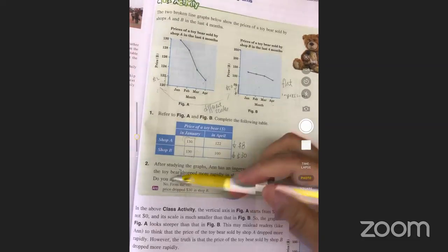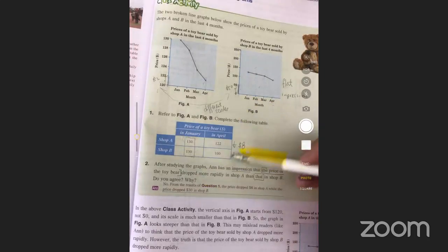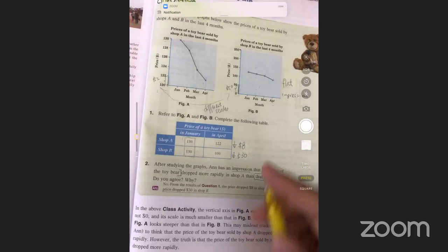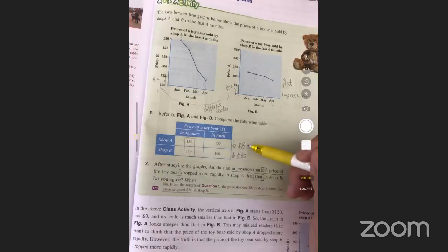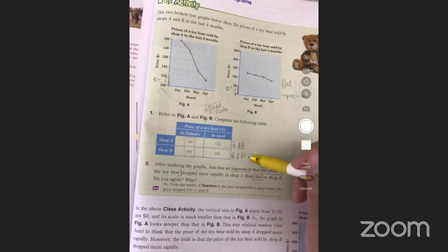Do you agree? And then why? Now, first of all, if we look at values for shop A, the decrease is just $8. But for shop B, the decrease is $30.